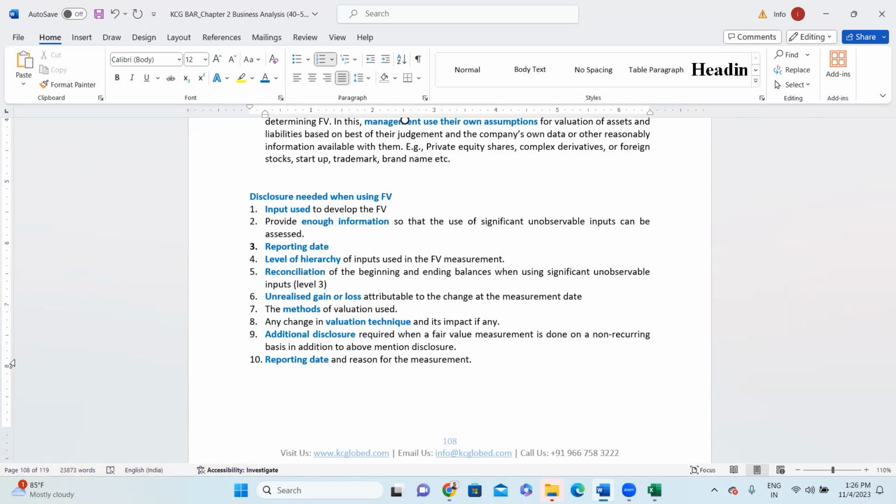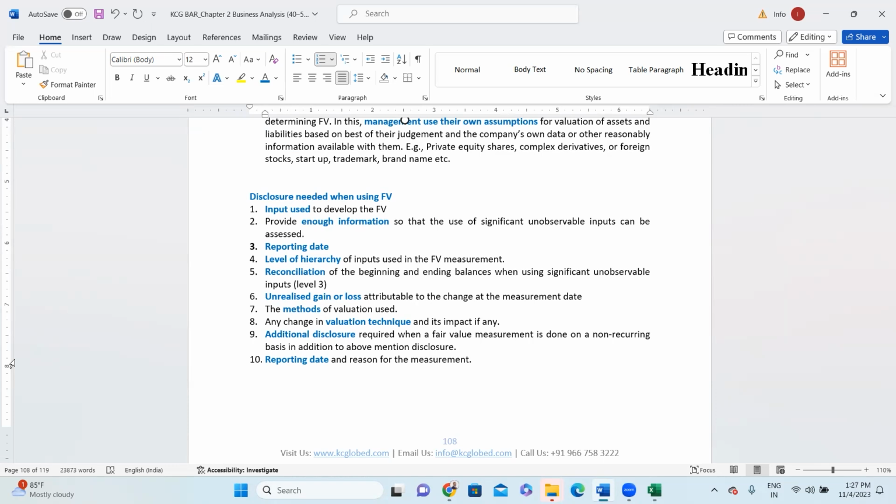Now if you are changing that model, you need to mention from which method to which method you are converting, and disclose the impact of the same. Ninth is additional disclosure required when the fair value measurement is done on a non-recurring basis, in addition to the above-mentioned disclosures. And the last one is the reporting date and the reason for measurement, which you need to disclose, right?